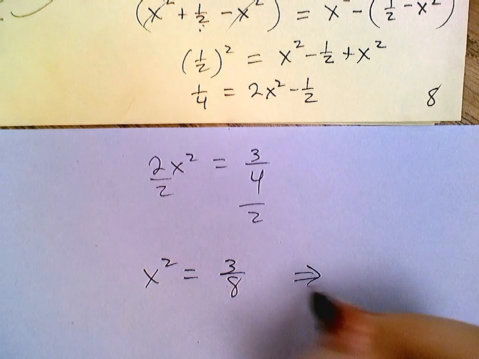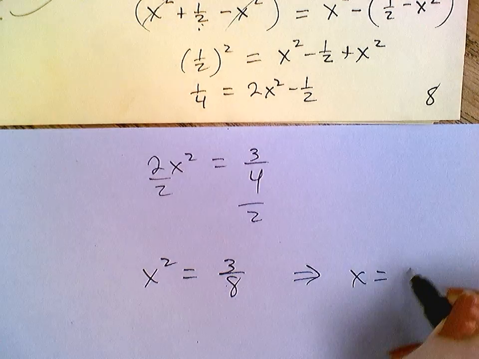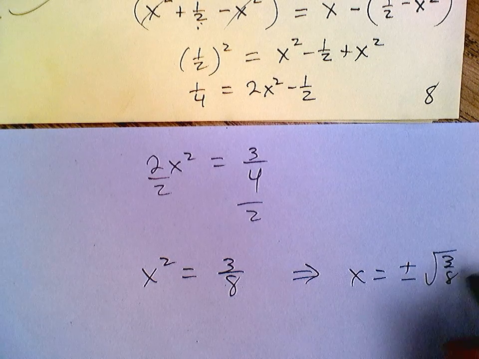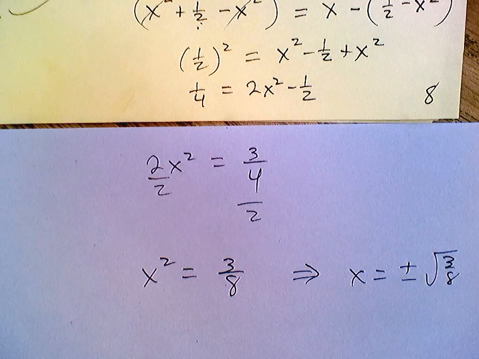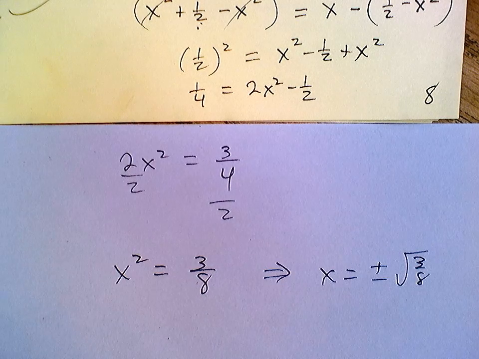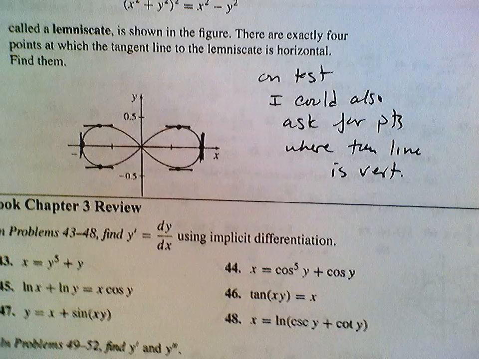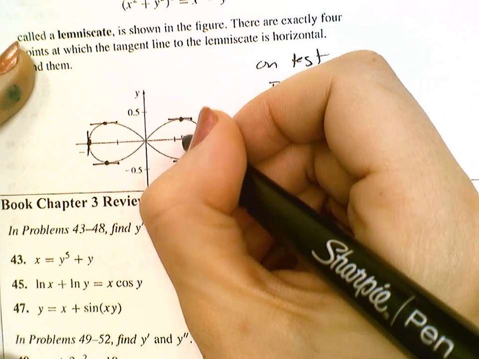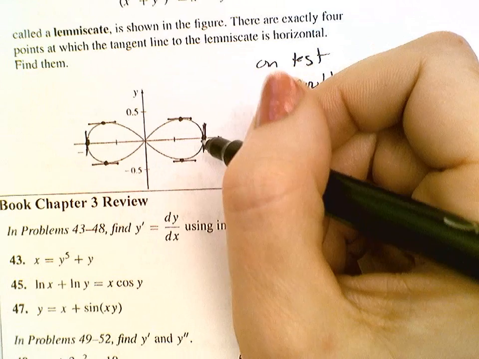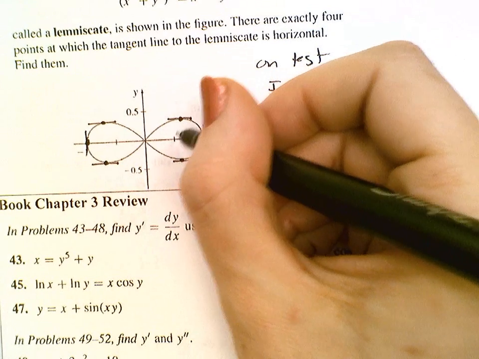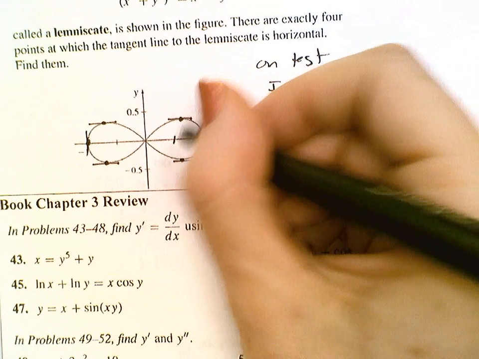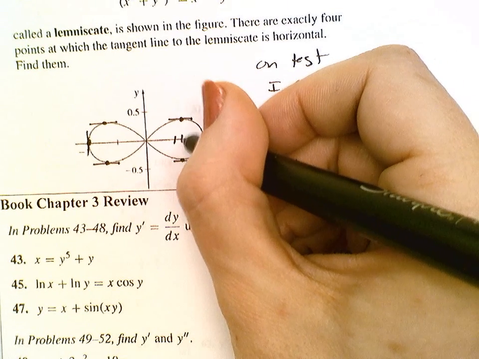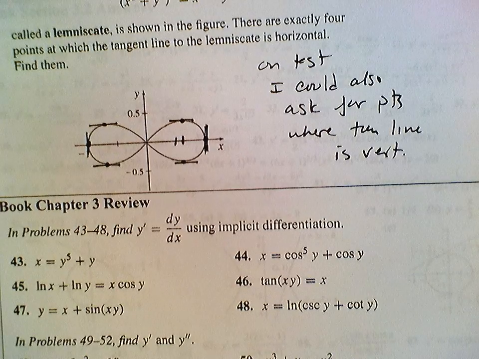And then x is, oh my gosh, plus or minus radical 3/8. Over here, this number, shoot, that doesn't seem to make sense. Oh yeah, because that's 0.5. So this right here must be radical 3/8.